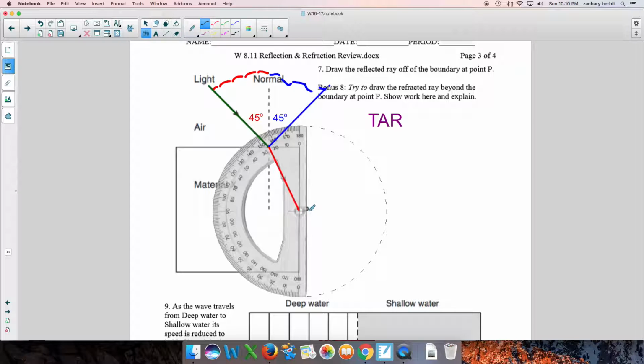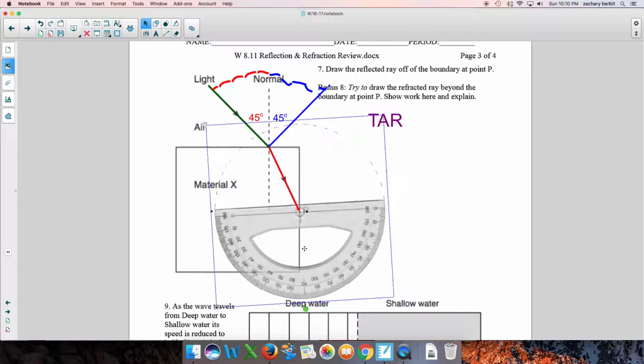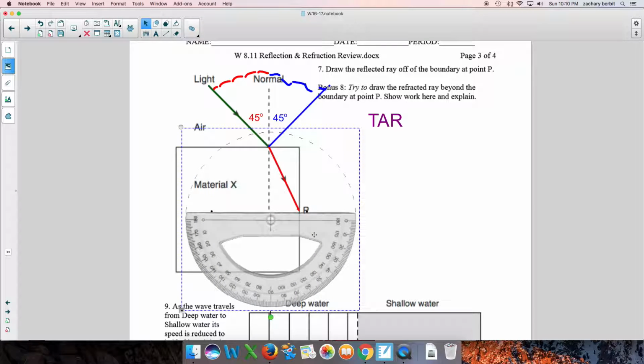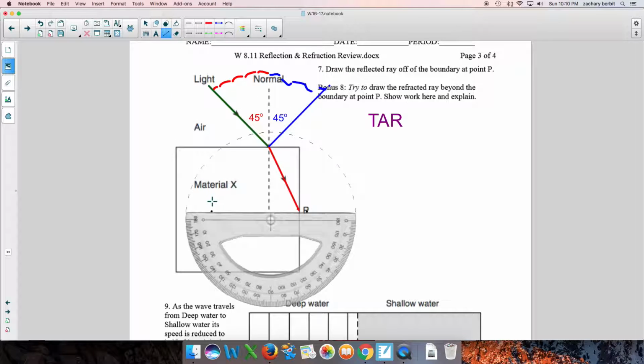Put a little dot right here, and we can connect those two with a dashed imaginary line called the normal line. And so let's draw that nice normal line right here. There we go. I'll shift it down ever so slightly.